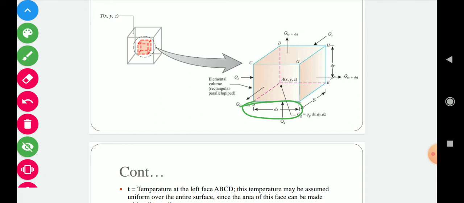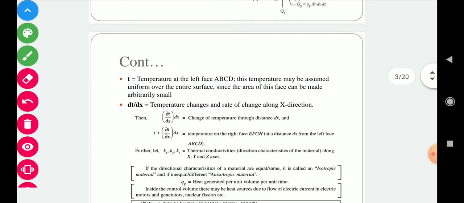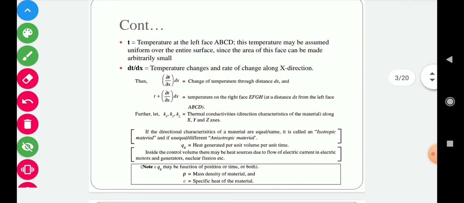So the total temperature variation will be equal to the temperature gradient multiplied by the total distance. If del T by del x is the temperature gradient, and we multiply by the total distance, then it will give you the total change in temperature through distance dx.